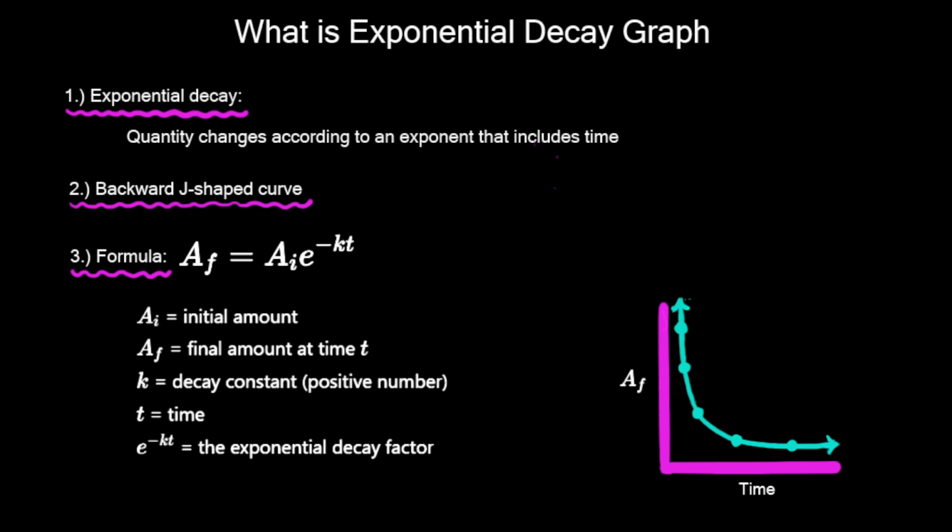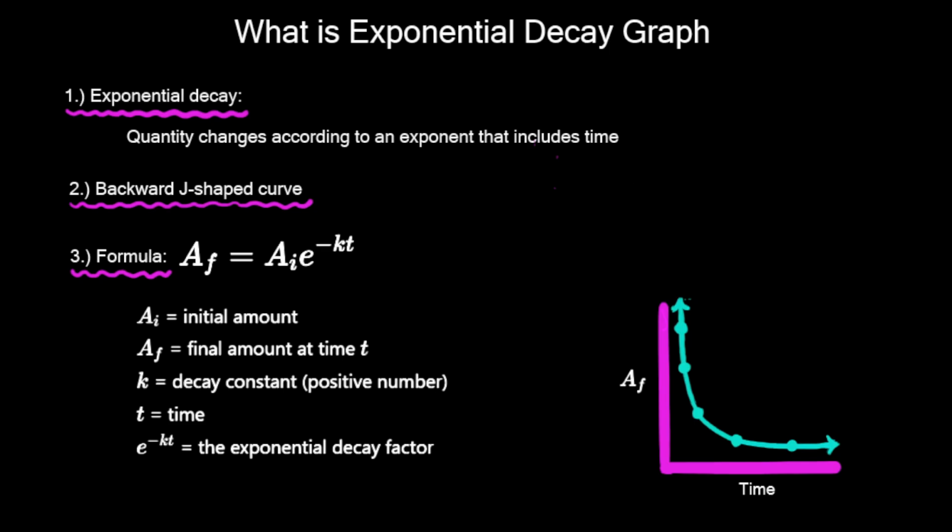The word decay in exponential decay tells us that something is decreasing or breaking down. This refers to the fact that the graph slopes downward. It has an overall negative trend. The formula used to represent exponential decay graph is AF is equal to AI times e to the power of negative k times t.